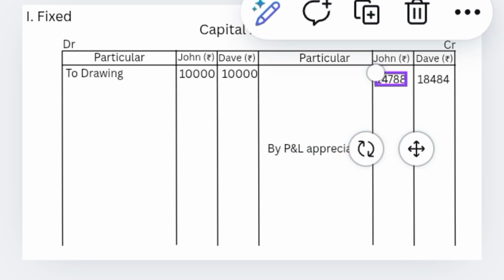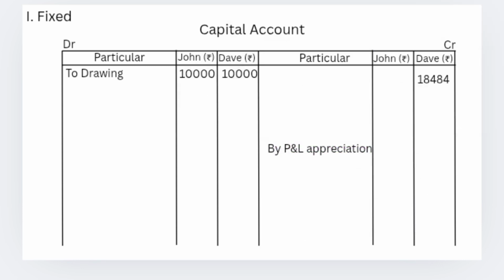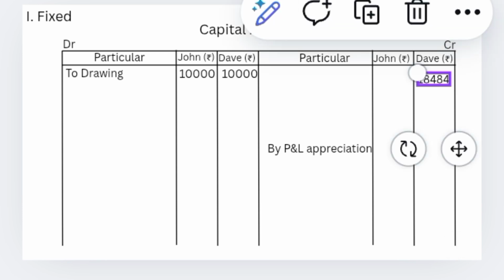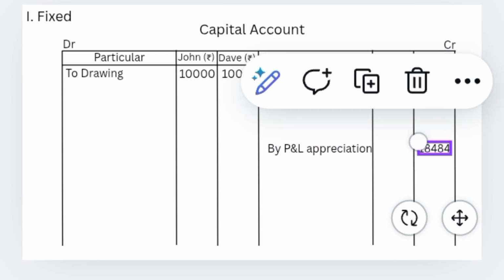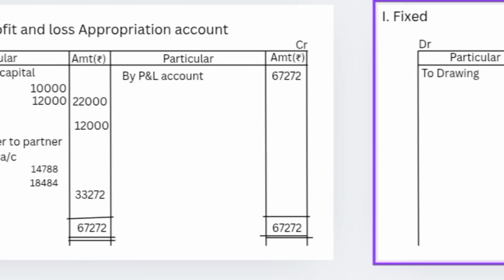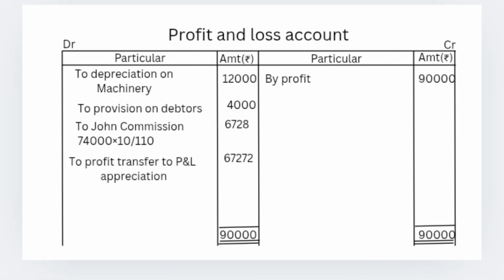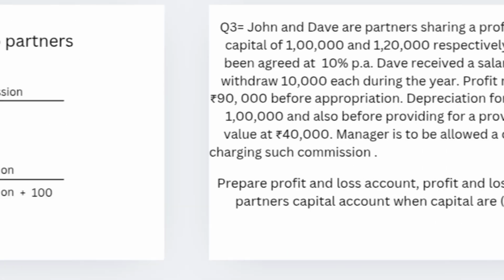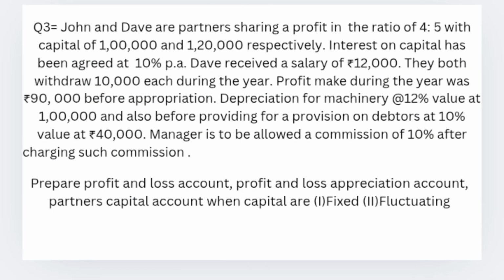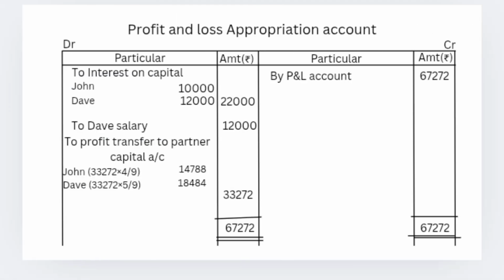The next one is Dave's salary first. So Dave's salary is 12,000.